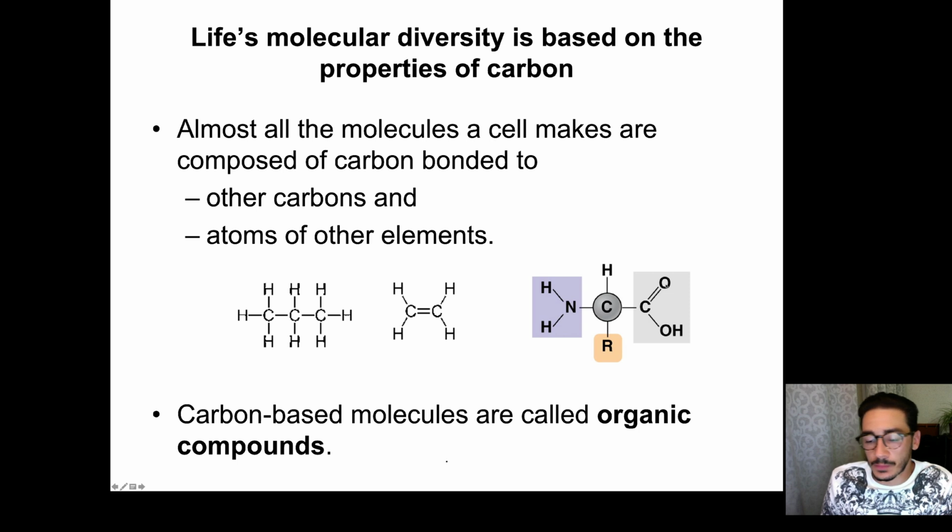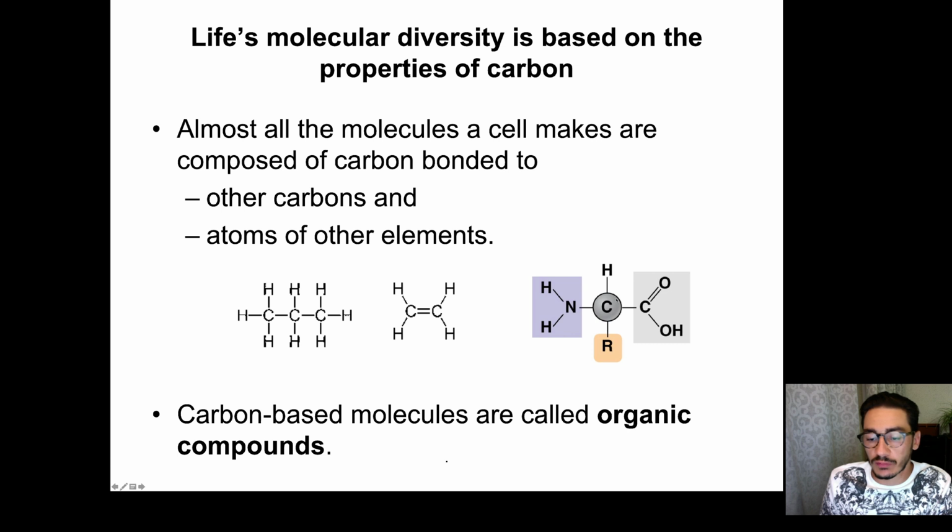So this is four elements. If you take just hydrogen, carbon, nitrogen, and oxygen, they're gonna make up probably more than 95% of your body composition. So all the molecules in the body, you can imagine, are gonna have nitrogen, carbon, hydrogen, and oxygen. Those are the building blocks of our body.